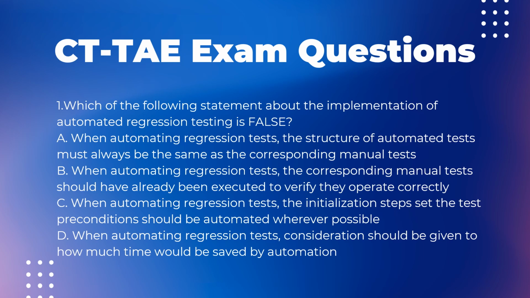C. When automating regression tests, the initialization steps that set the test preconditions should be automated wherever possible. D. When automating regression tests, consideration should be given to how much time would be saved by automation.